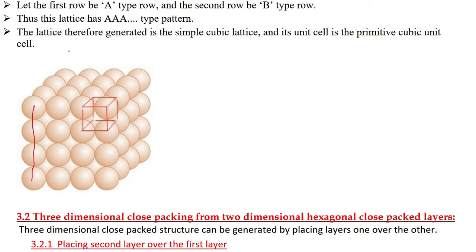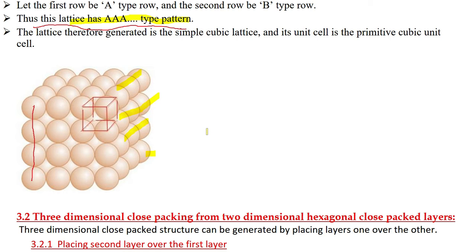That's why we give this lattice the name AAA type of pattern. All layers, layer number 1, 2, 3, 4, align with each other. So there is no further description about this one.